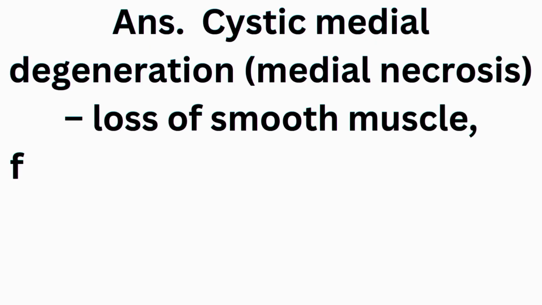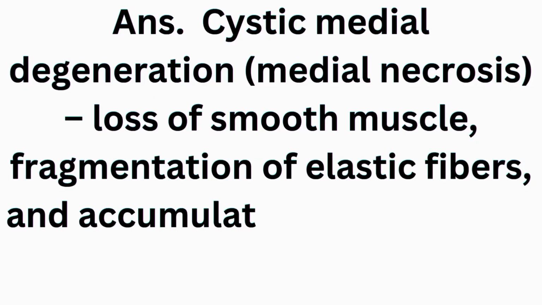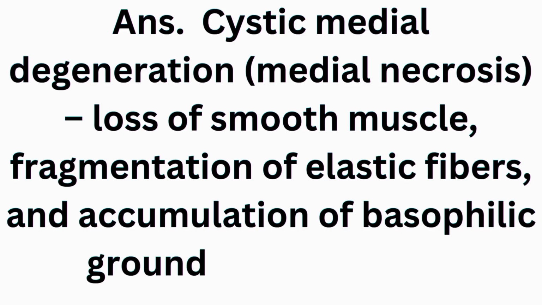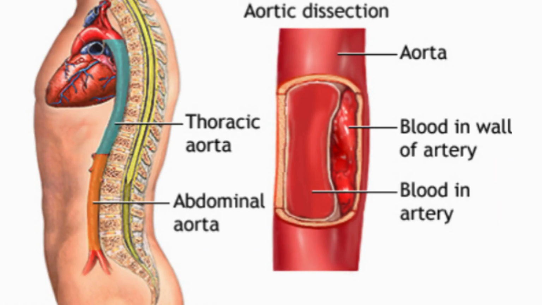The microscopic changes in the aortic media for ascending aortic dissections typically reveal cystic medial degeneration. This involves loss of smooth muscle, fragmentation of elastic fibers, and accumulation of basophilic ground substance. You know, cystic medial degeneration is the weak spot in the aortic wall.